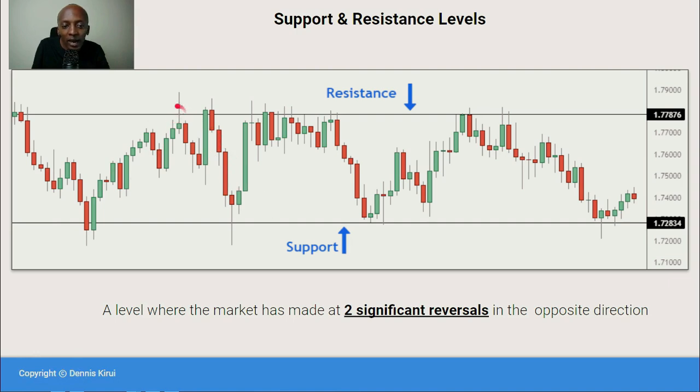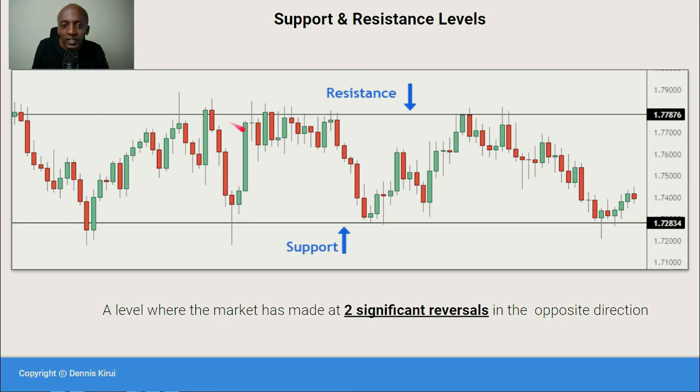If you find a level where the market reverses at least twice, or even more than twice, then it is an even more significant level. But at least 2 major reversals, either downwards or upwards, are good enough. It's not enough for it to reverse once; it needs to reverse at least 2 times.